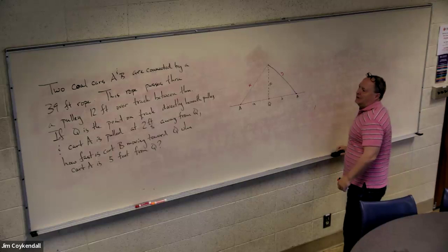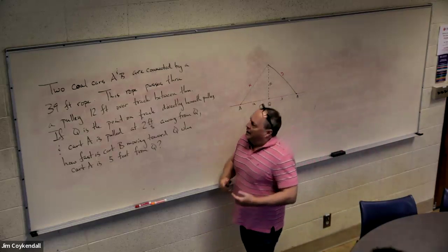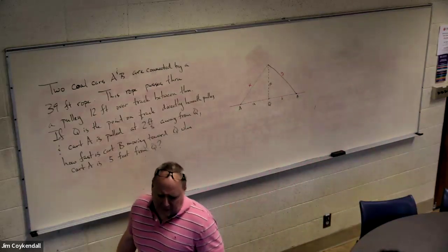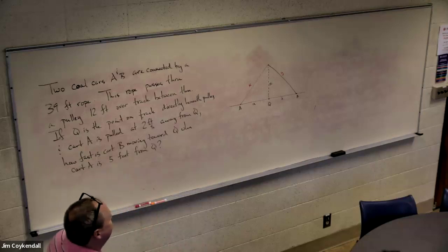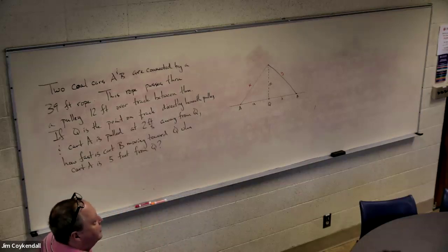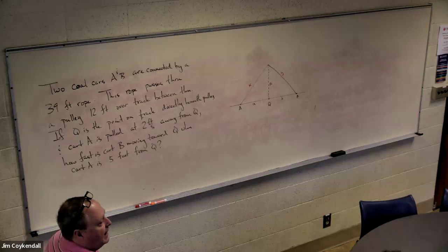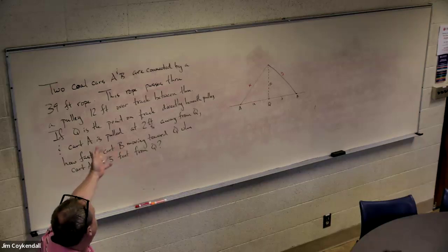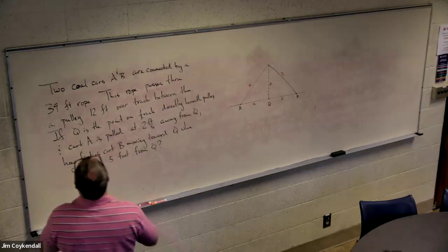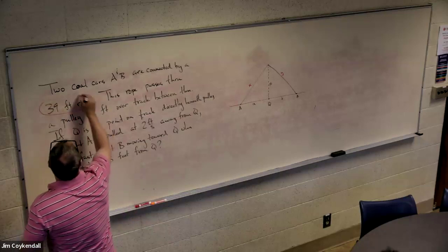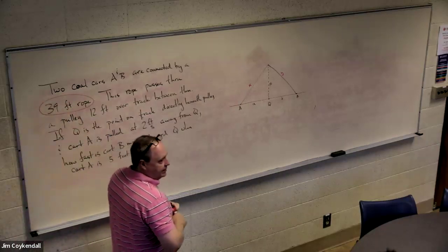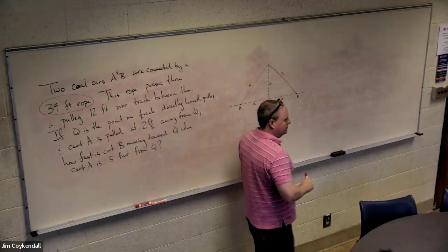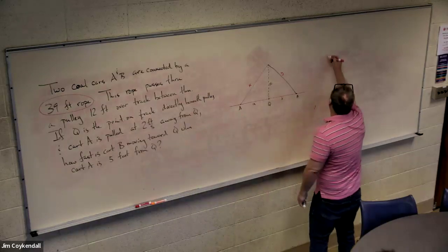Okay, let's see. Carts A and B are connected by a 39-foot rope. This is going to be important. Can anybody tell me how I can take that statement and interpret it in terms of what I've got? Perfect.